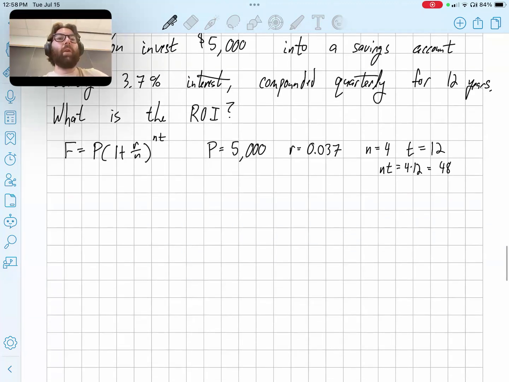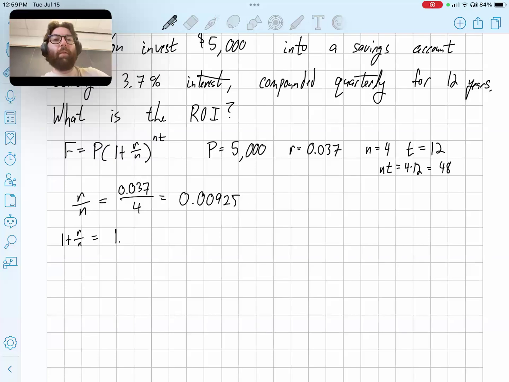Okay, and now we just work from the inside out, just like we've been doing. So R over N is 0.037 over 4. This is 0.00925. So 1 plus R over N is 1.00925.